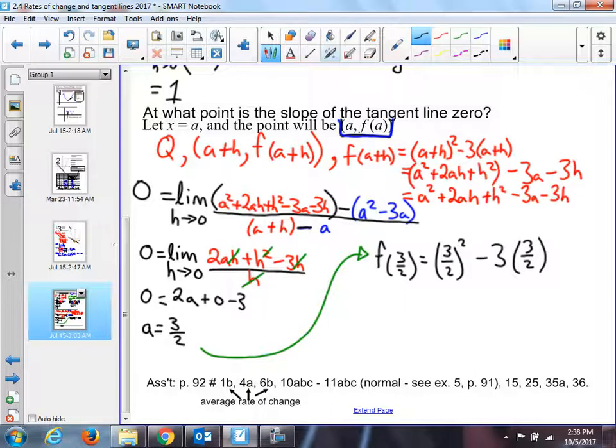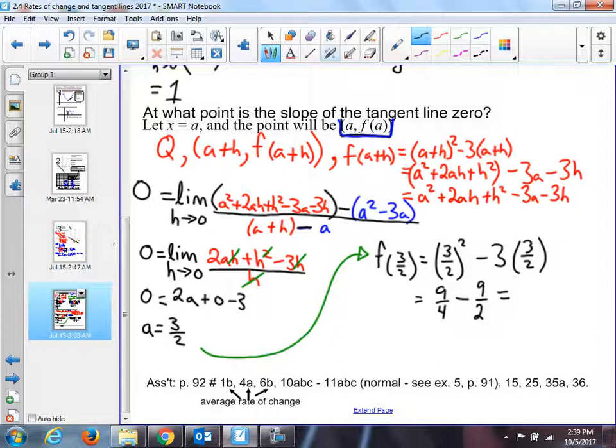This isn't nice, but whatever. It's 9/4 minus 9 halves. Now you could do that one in your head, or 9 halves is 18/4, but as soon as you subtract it, you might notice something. Halves and quarters, yeah. It's 9 over 2 again, right?